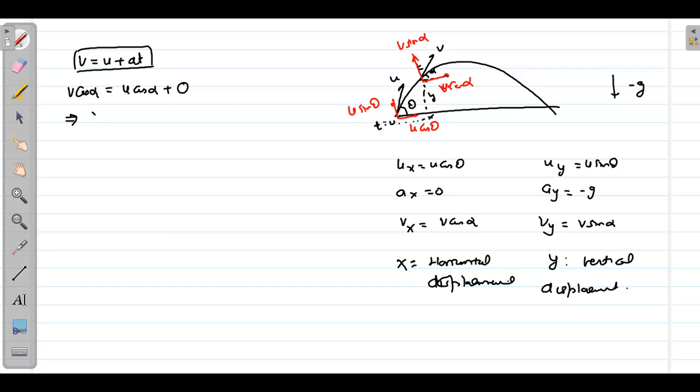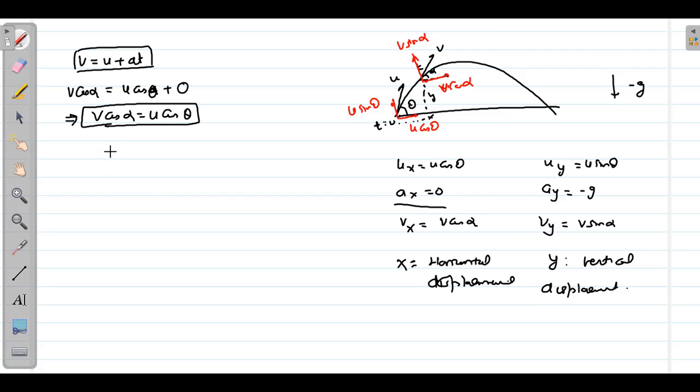This means we can say v cos alpha equal to u cos theta, which we have already mentioned, that horizontal component does not change. Horizontal velocity does not change because the acceleration ax is 0. And now because velocity is constant and acceleration is 0, we use the simple formula speed equal to distance by time, or we can use the second equation of motion, which will also give speed equal to distance by time if acceleration is 0.